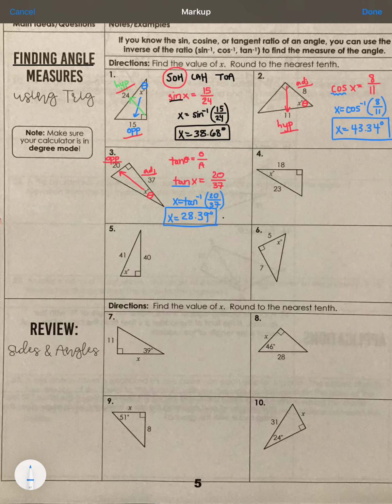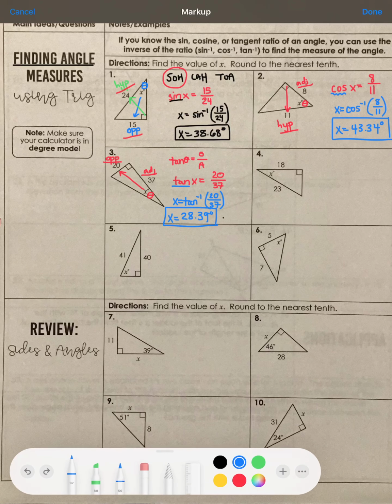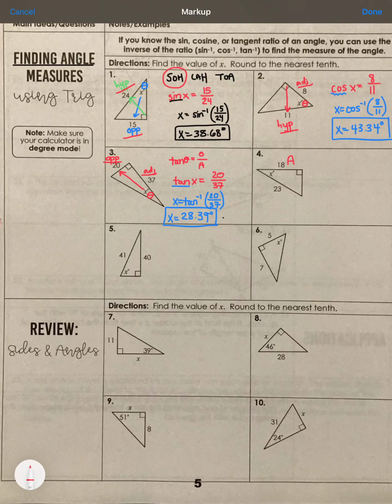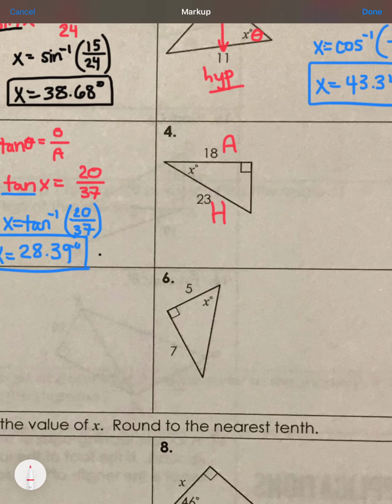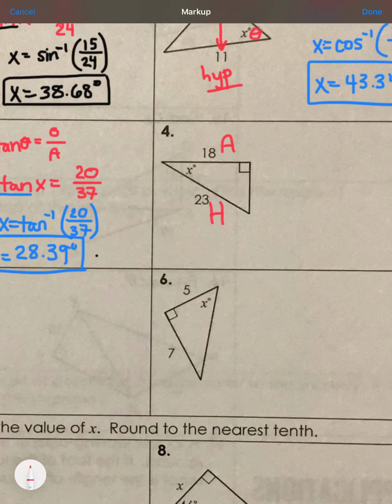So why don't you guys take a second, and you want to try to find the angle for 4, 5, and 6. Okay? And then I will write out the answers, that way you know if you got it correct or not.